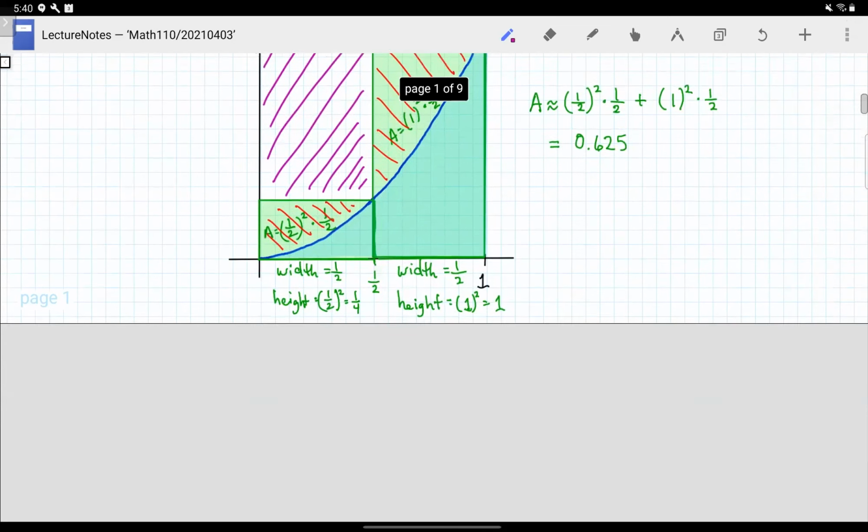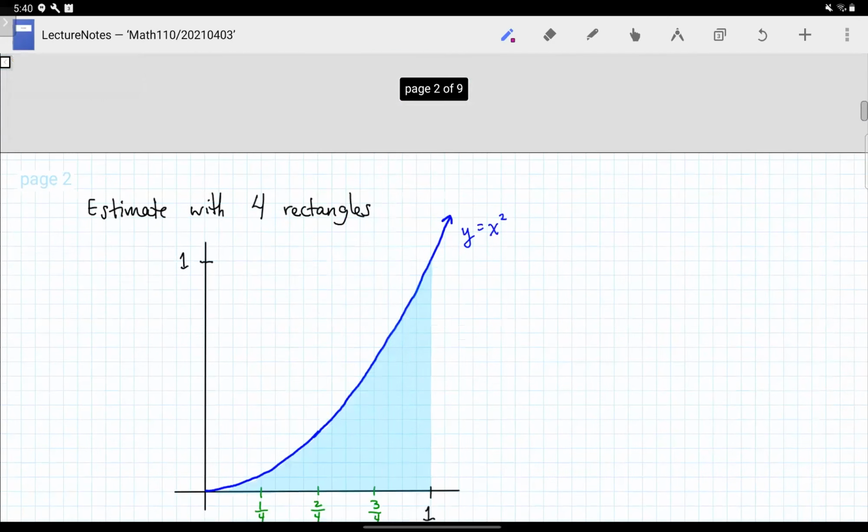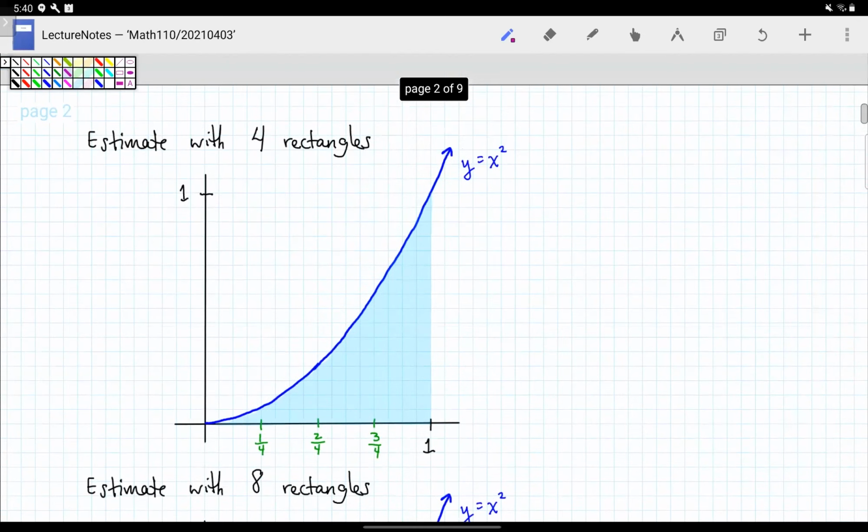Okay, so let's try this again, and I'm going to estimate with 4 rectangles this time. Let's review this again. Now the width of each rectangle is going to be 1/4.